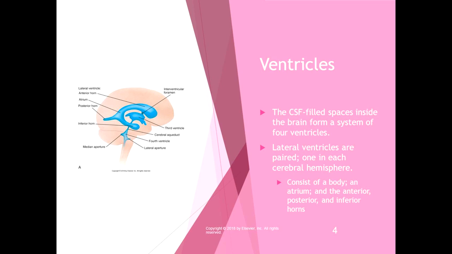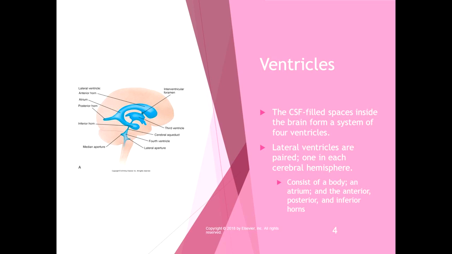I don't really have a slide for the other ventricles, but the 3rd ventricle, you see there's the interventricular foramen, a tiny little passage that goes to the 3rd ventricle, which is right in the middle of the brain. And then there is a little passage, the cerebral aqueduct, and remember that went through the midbrain when we looked at that cross-section of the midbrain, going to the 4th ventricle.